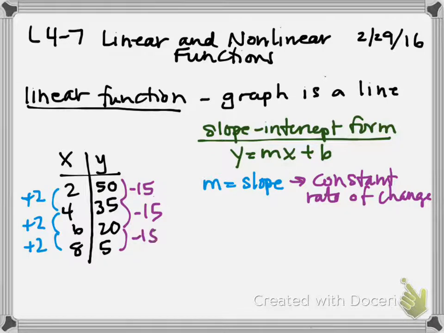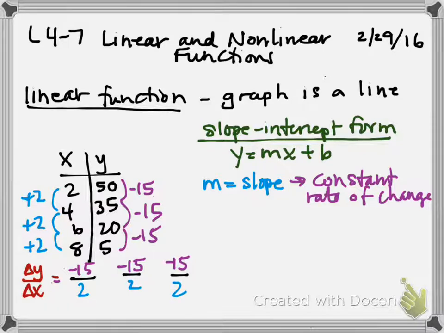So if I want to look at that rate of change, remember it's the change in y over the change in x. So we get negative 15 over 2 for the first one. We get negative 15 over 2 for the next pair of points. And then we got negative 15 over 2 in the third pairing of points.